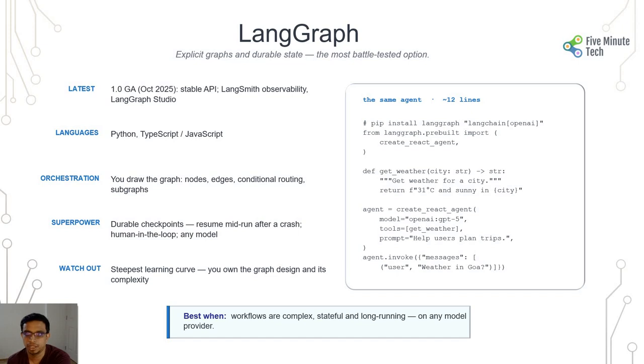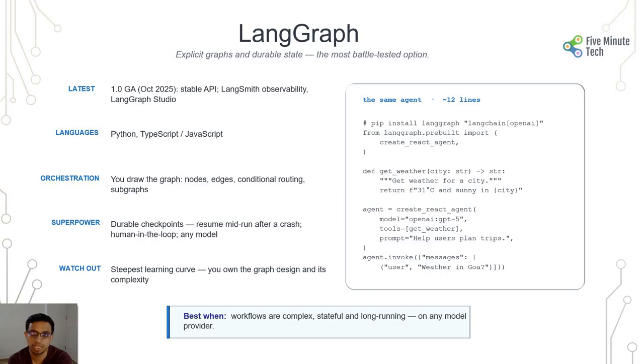The next is LangGraph. It is explicit graphs and durable state, the most battle-tested option because it has a very open, community-driven structure. The latest is the 1.0 GA in October 2025. It has stable APIs, LangSmith observability, and LangGraph Studio.